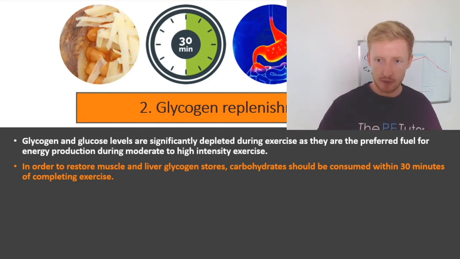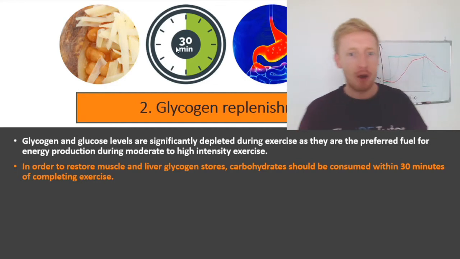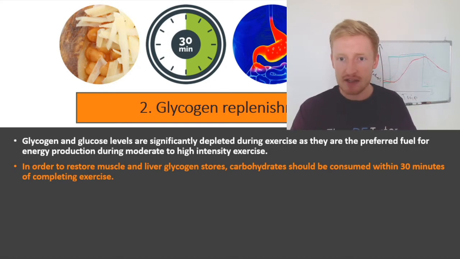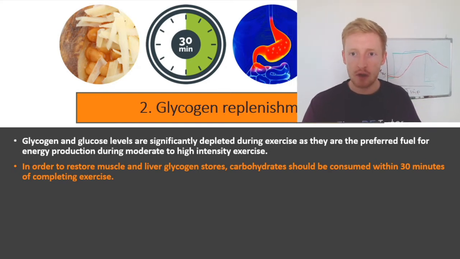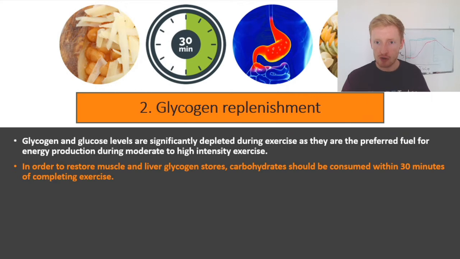Glycogen replenishment. So we already touched on this. How we're eating foods. Are we eating the right foods? Carbohydrate, nutrient rich, in this sort of 30 to 60 minute window.